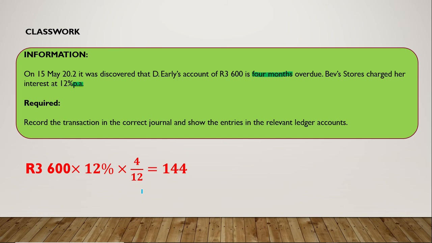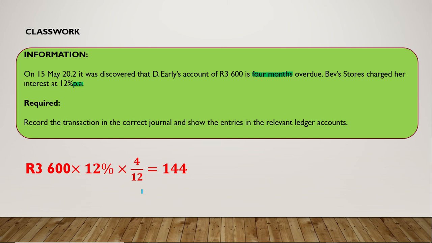Basically, this is interest on that 3,600. That 3,600 was recorded in the debtors journal, because in the debtors journal we record transactions where a debtor bought from us on credit. DLE bought from us on credit, and items bought were worth 3,600 in total.